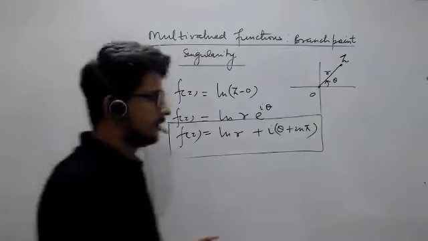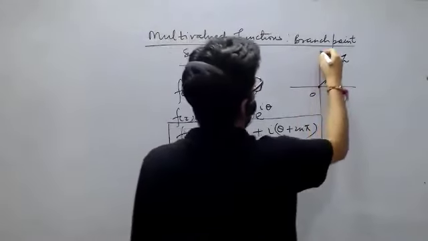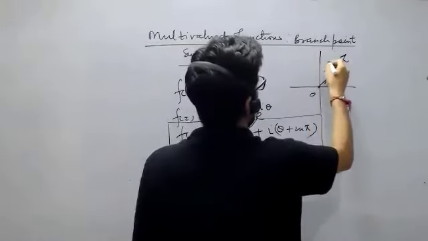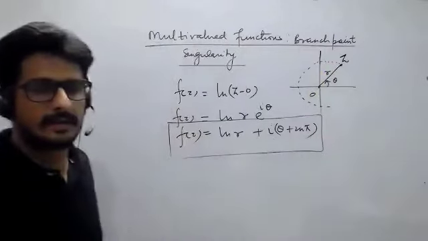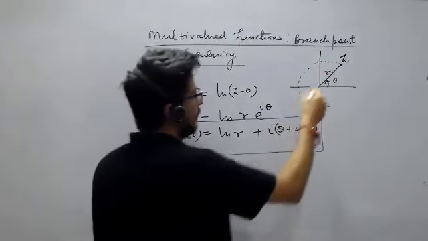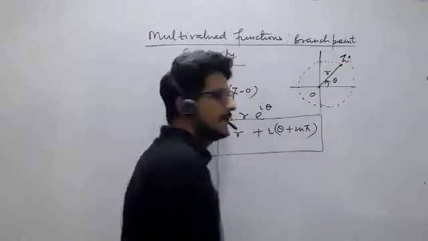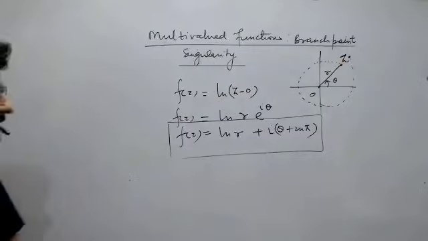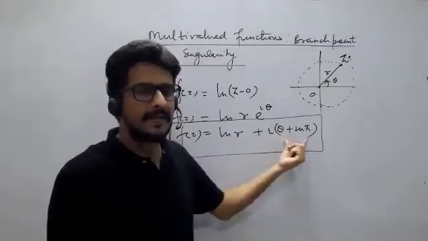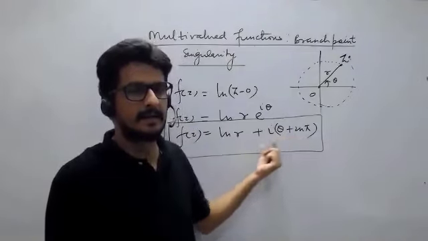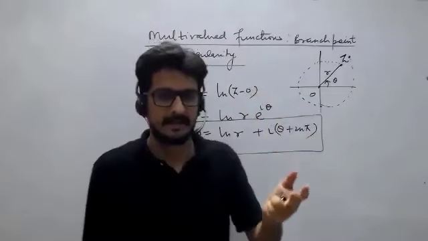So now what is going to happen, if I start moving from here, and if I take one full circle, we will end up changing the position, because you see, this is real part, this is imaginary part, and if there is any addition in imaginary part, the modulus of this function will be changed.